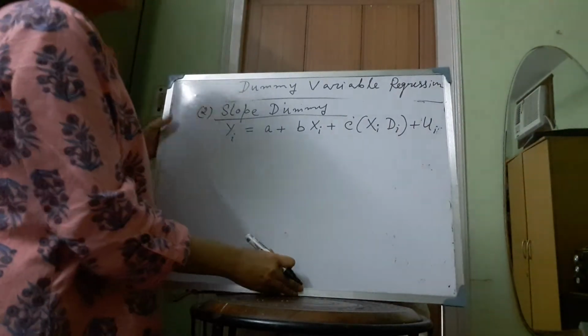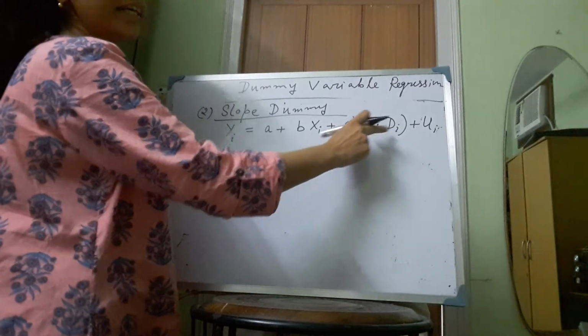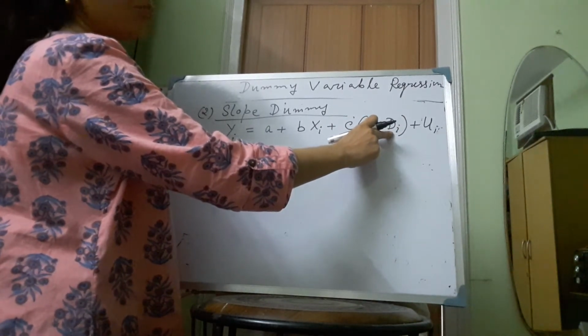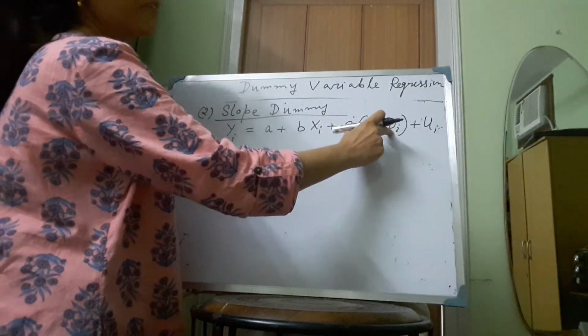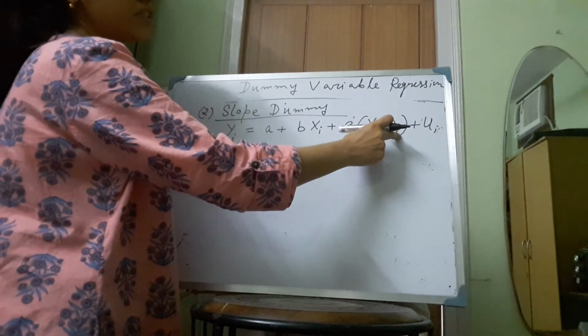So here we have the interaction between the two variables xi and di. Basically when di takes the value 1, then the value of this variable is xi, and when the value of di is 0, then the value of this variable is 0.